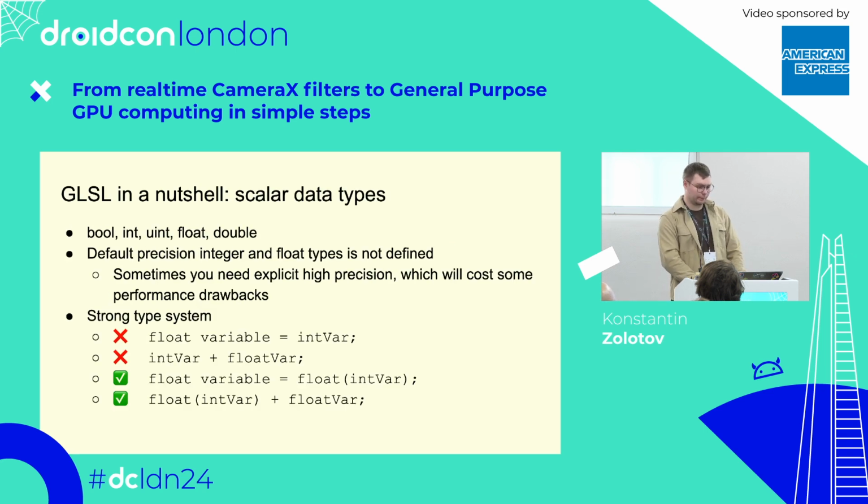Yeah, and let's speak a bit more about GL shader language. GL shader language is designed for graphics and geometry processing. There are several scalar types: Boolean, integer, uint, float, and double, which you're familiar with. However, there is one point: the default precision for them is not defined in the shader.